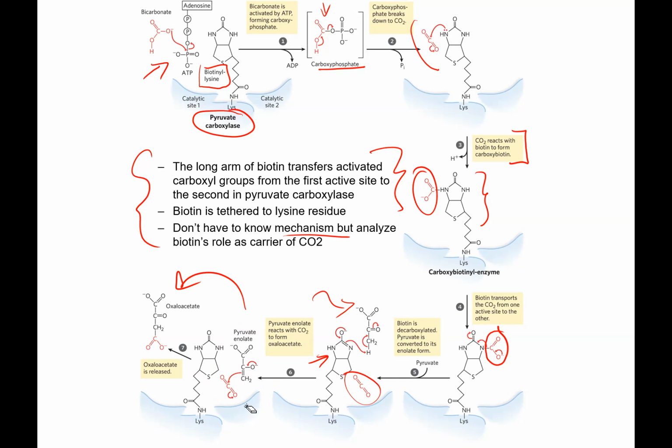You should just recognize the role of biotin in this pyruvate carboxylase reaction. You know that we have another example here of a prosthetic group, one of these vitamin-derived coenzymes that is covalently attached to our enzyme, in this case to a lysine residue, and has the ability to carry CO2 in such a way that it ultimately reacts with the pyruvate to form the oxaloacetate.